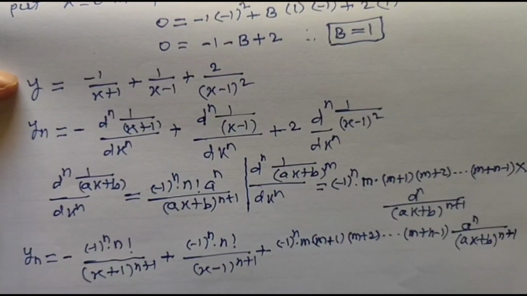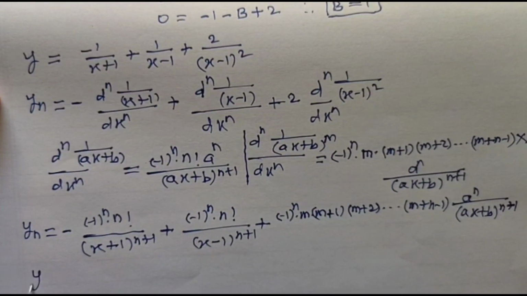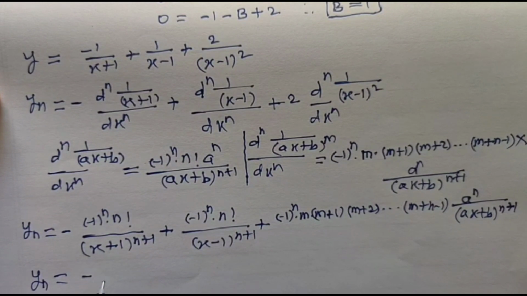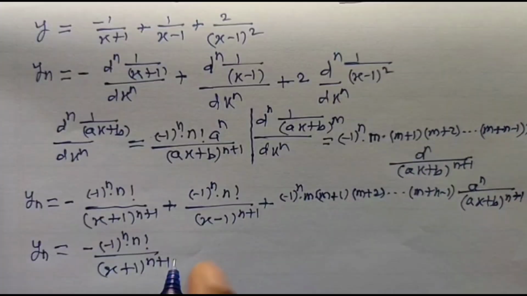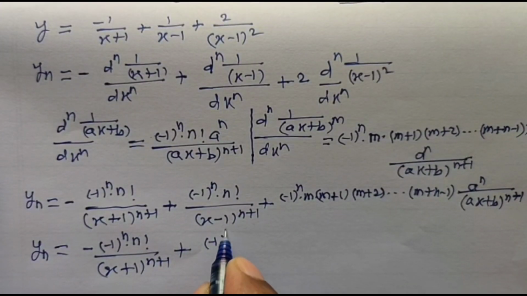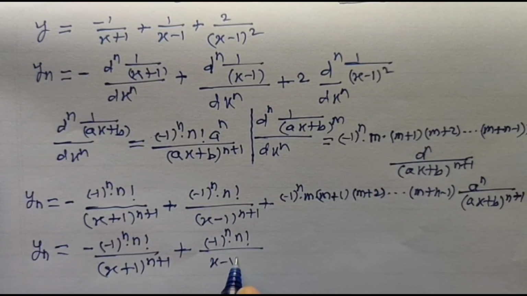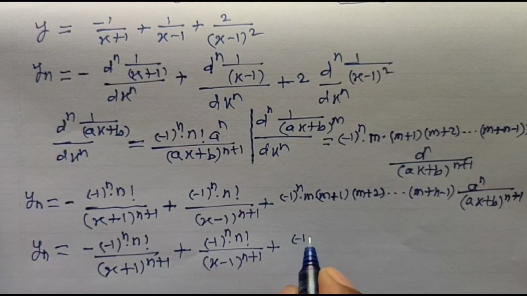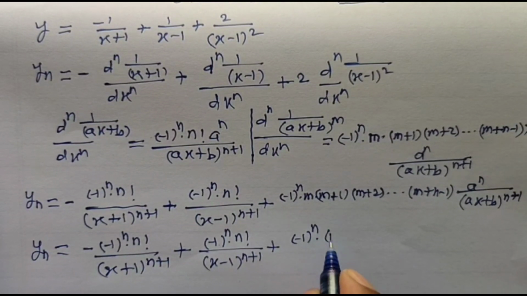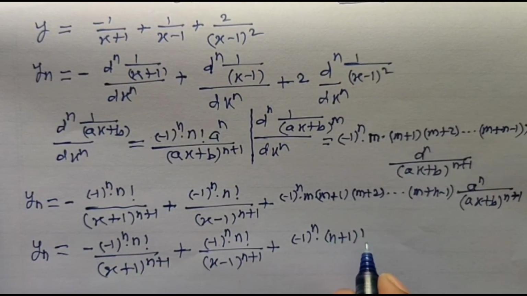Okay. So yn can be written as yn is equal to minus of minus 1 to the power n factorial divided by (x plus 1) to the power n plus 1, plus minus 1 to the power n factorial upon (x minus 1) to the power n plus 1, plus, now nth derivative of this: minus 1 to the power n, (n plus 1) factorial.